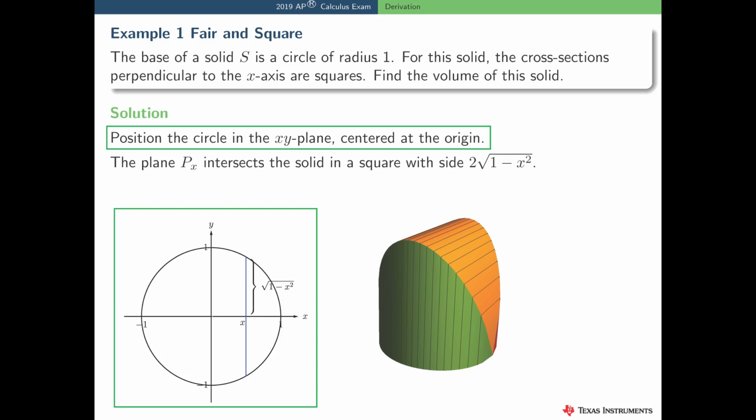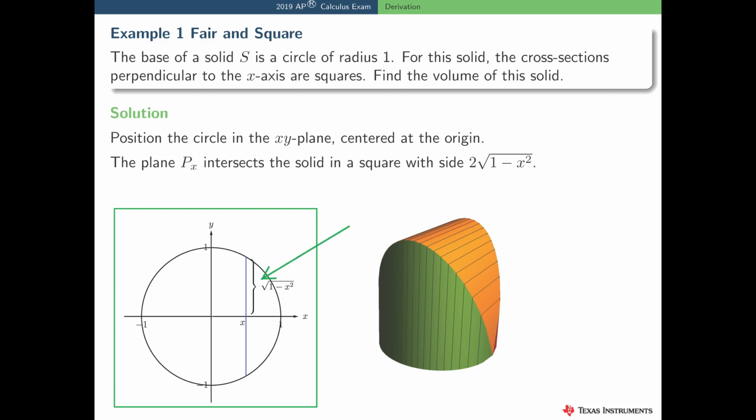So let's position the circle in the xy plane centered at the origin. Now we could really put this anywhere in the plane, but this seems simple and convenient. We'll let P_x be the plane that intersects the solid in a square. I'm searching for the area of this arbitrary cross-section, the intersection of P_x and the solid S.